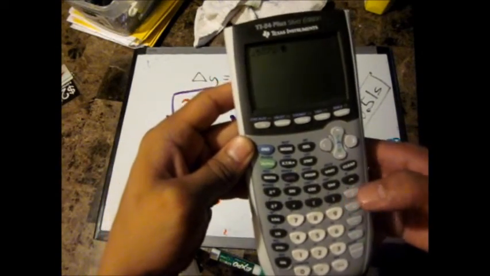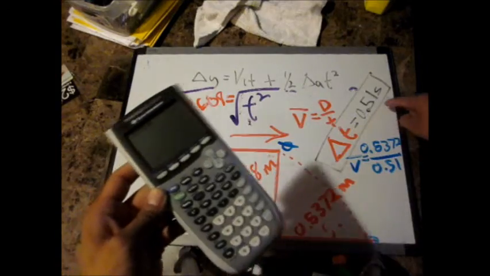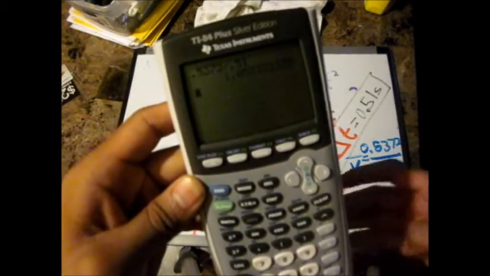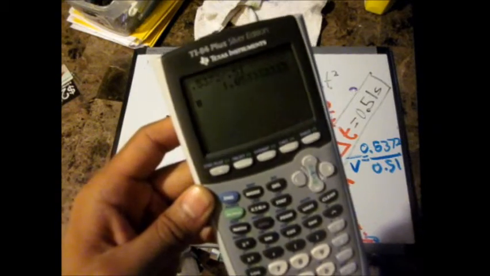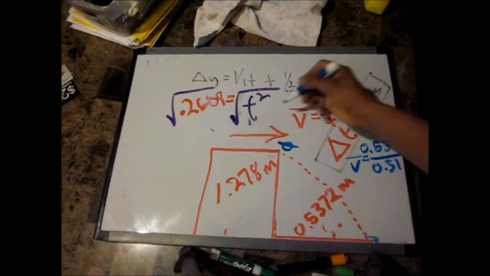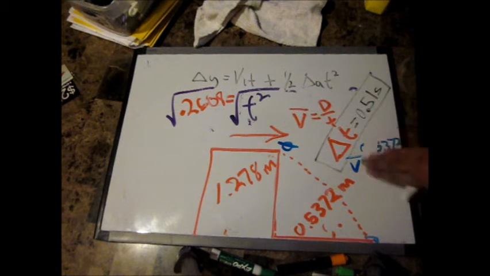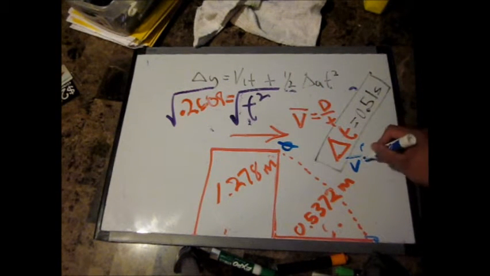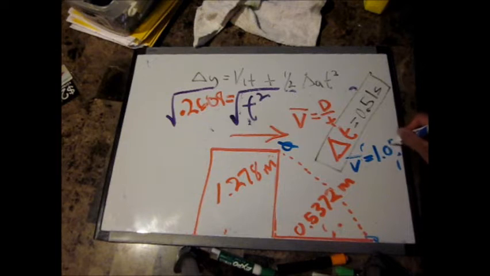We're going to divide that by our time, which is 0.51 seconds. And that's our velocity right there, 1.05. So our velocity here equals 1.05. And that's what you get for those two answers right off the bat.